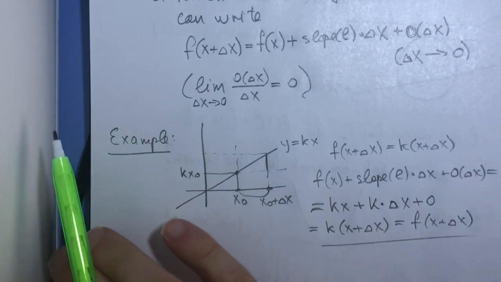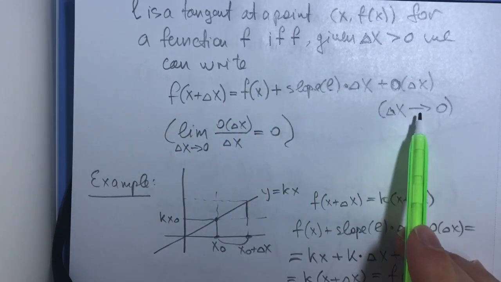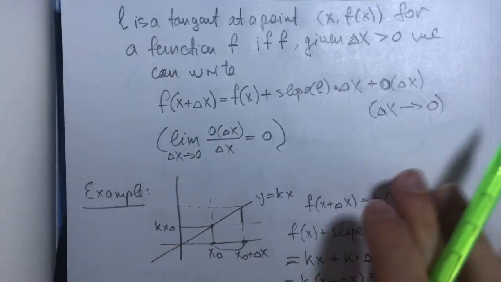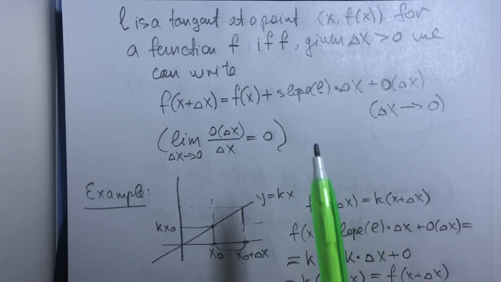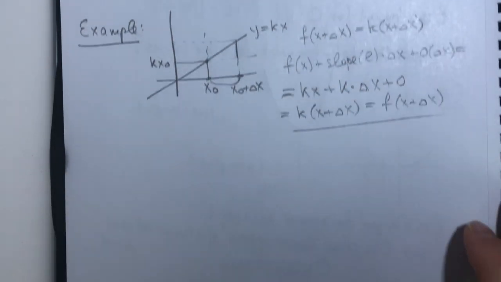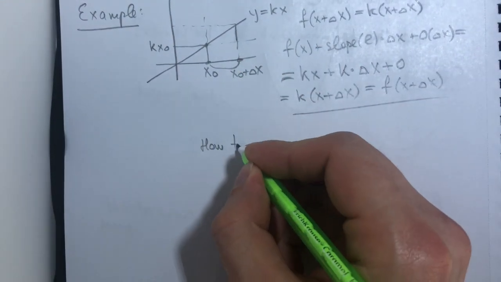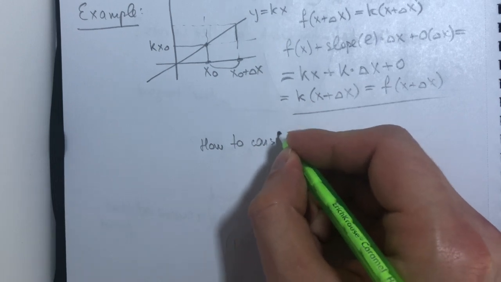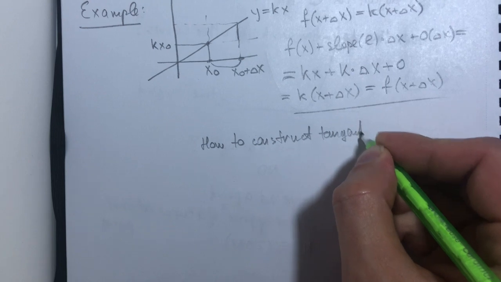Now you need to understand that this definition is reasonable, but it does not provide us with a method of constructing tangents. So our next question is how to construct tangents.